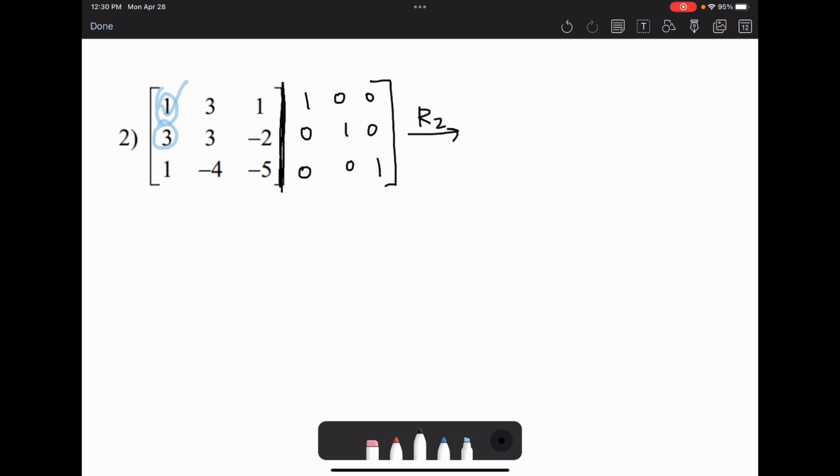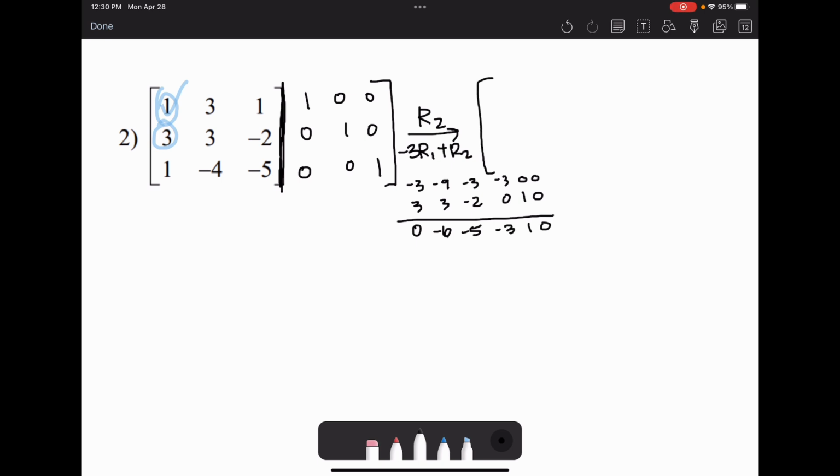So I'm going to do -3 row 1 plus row 2. So that would be -3, -9, -3, -3, 0, 0. And I'm adding that to this row. This is 0, -6, -5, -3, 1, 0.